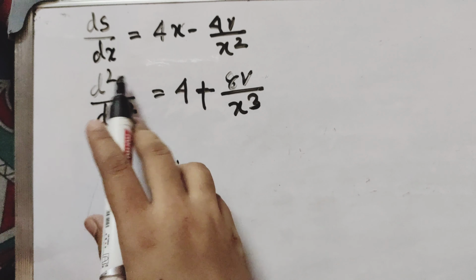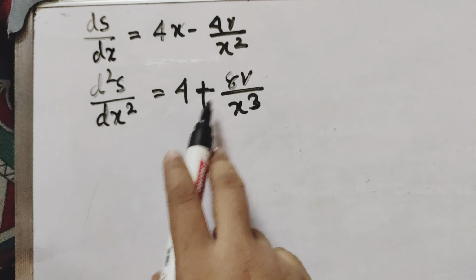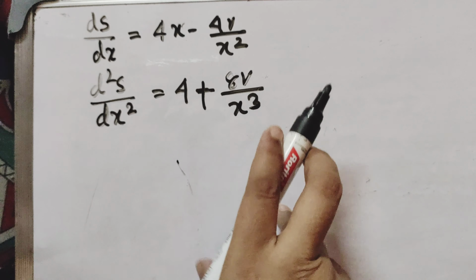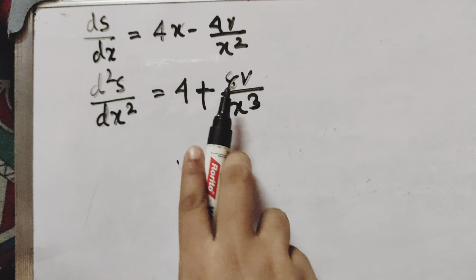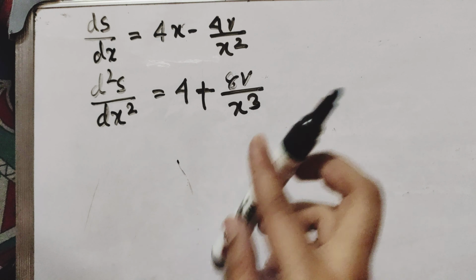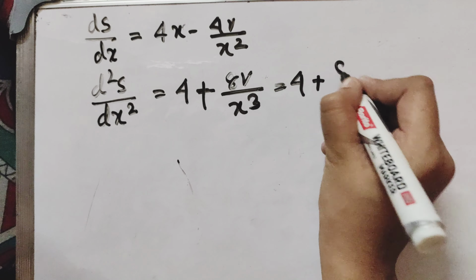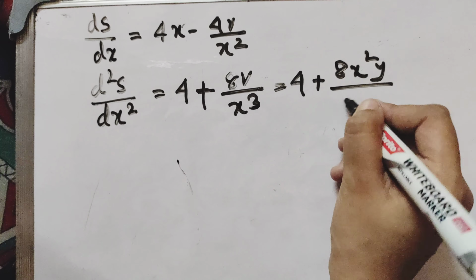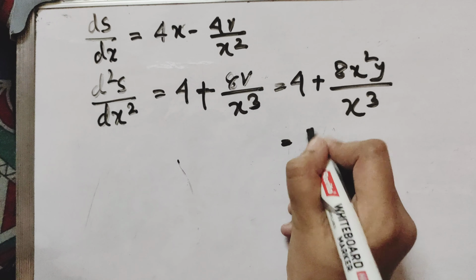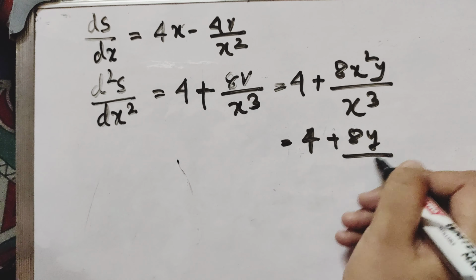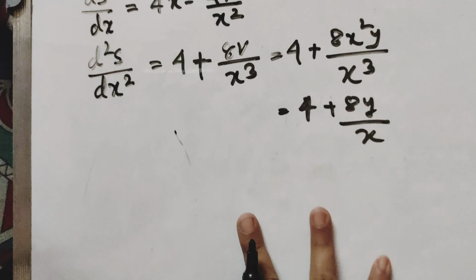Now the second order derivative is 4 plus 8V by x cubed. What is V here? That is 4 plus 8x squared y divided by x cubed. So 4 plus 8y by x.